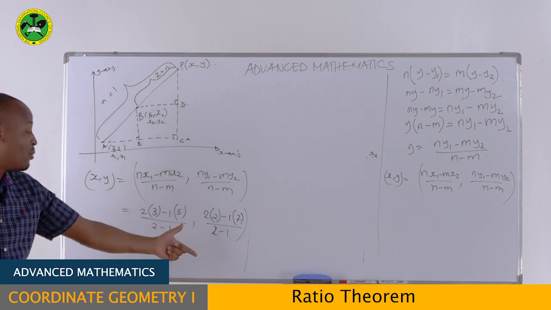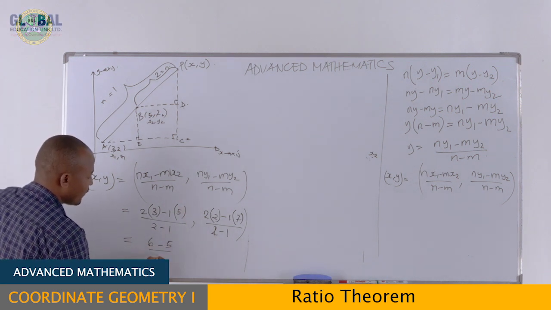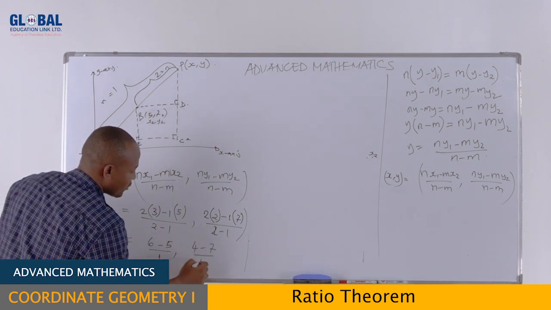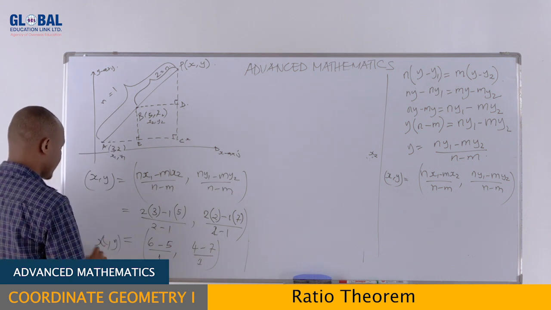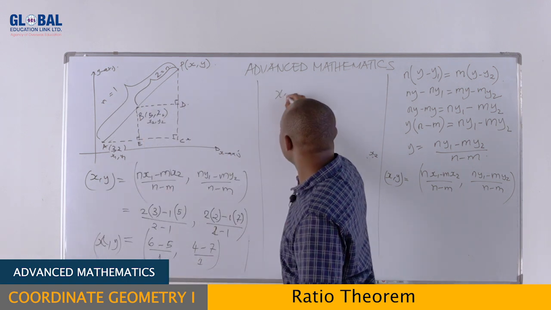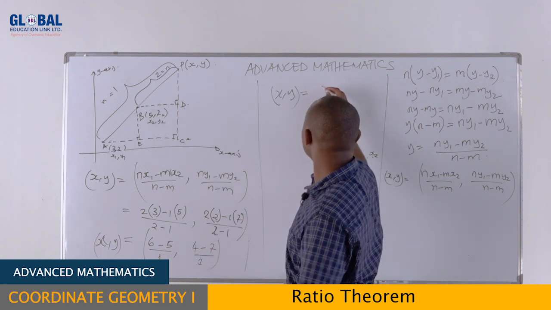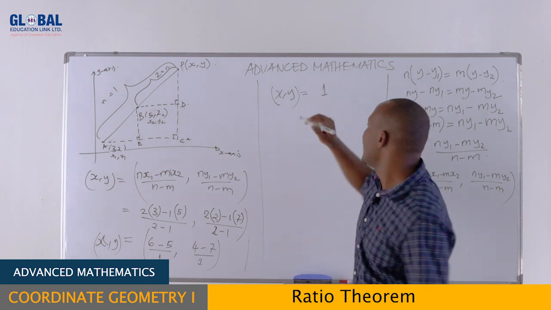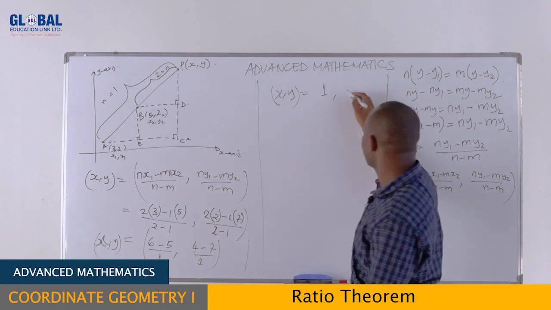So if you label, it's very, very easy. Now we are going to have 6 minus 5 over 1, comma, 4 minus 7 over 1. That is X, Y. So again, your answer will be X, Y equals to what? 1. We know that 6 minus 5 is 1, comma, we have 4 minus 7, which is negative 3.